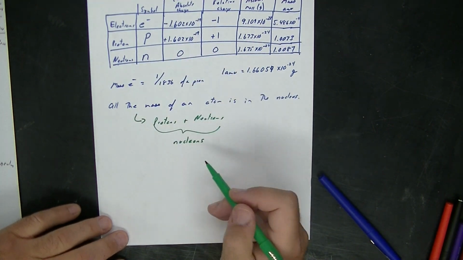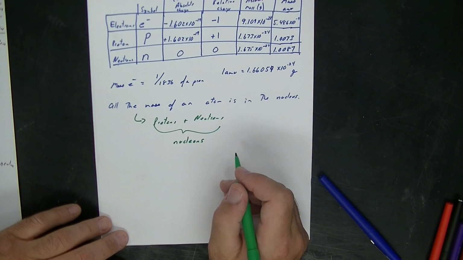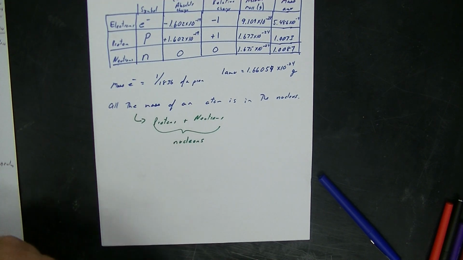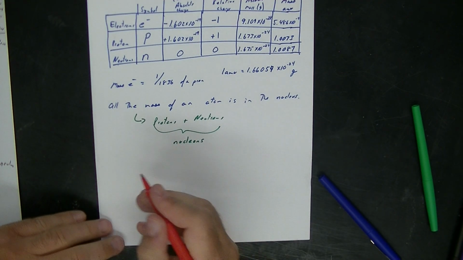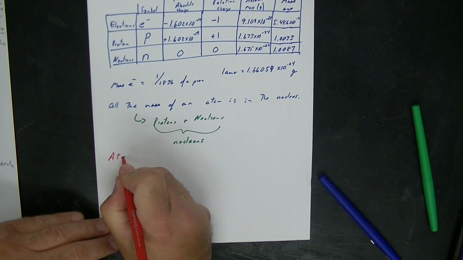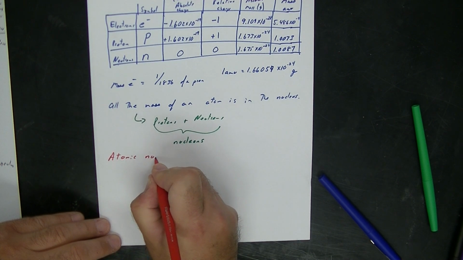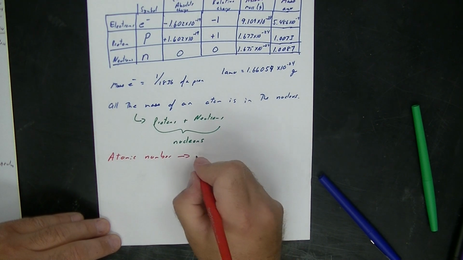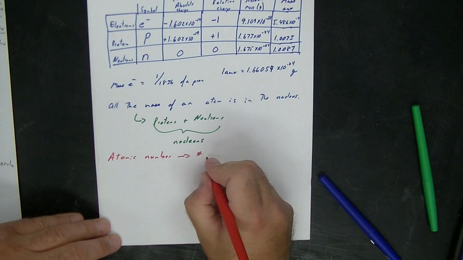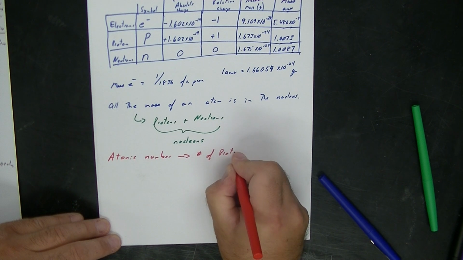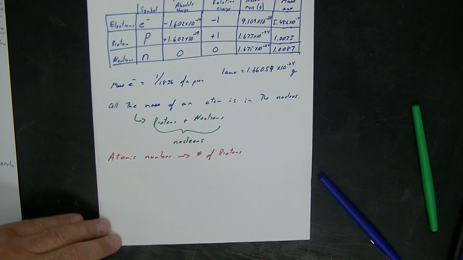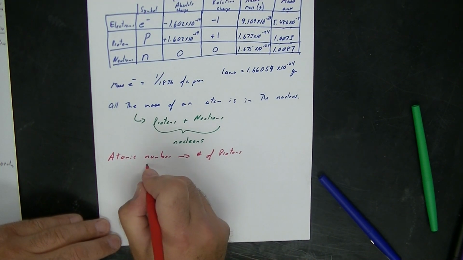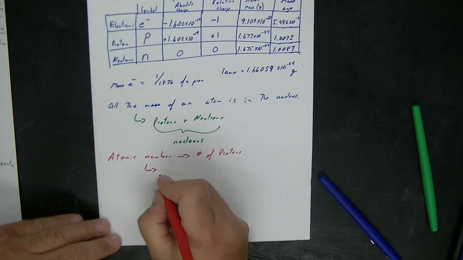All right, so we need to be able to calculate these for each element, or each atom. All right, so our atomic number tells us the number of protons, and the atomic number, the number of protons, tells us what element it is.